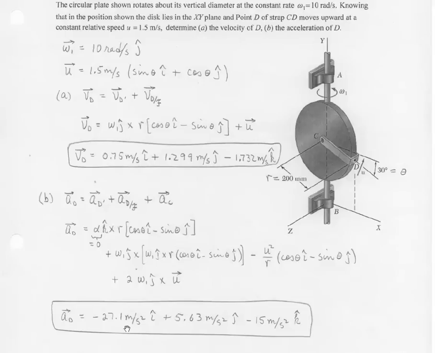When you collect all your terms together and simplify things, you get minus 27.1 meters per second squared i plus 5.63 meters per second squared j minus 15 meters per second squared k.